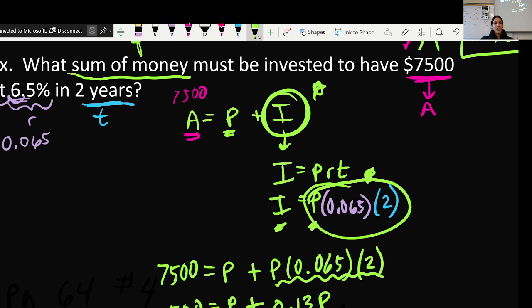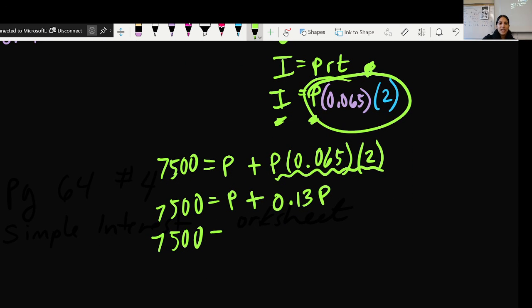So let's just ignore the left side. 7,500 equals, it's like we're counting up how many P's we have. How many P's is that one, if it doesn't have a number in front of it? We have 1 P and we're adding 0.13 P to it. So how many P's is that? 1.13 P.